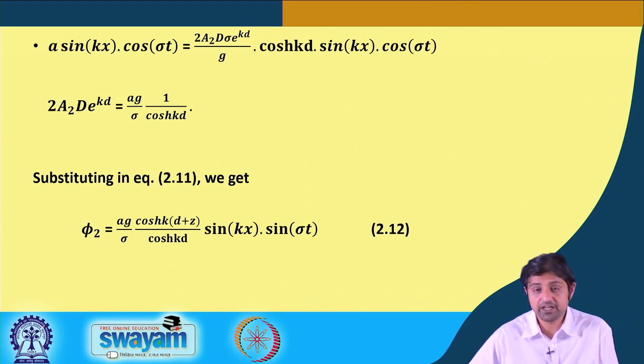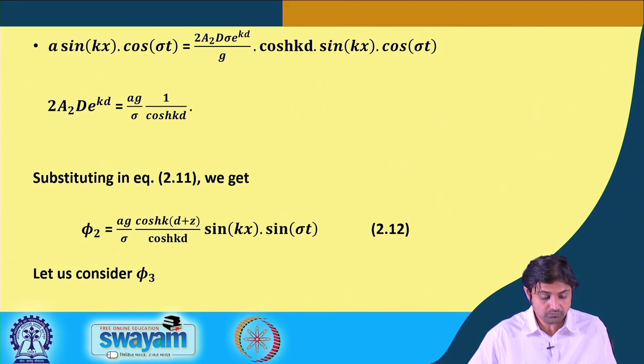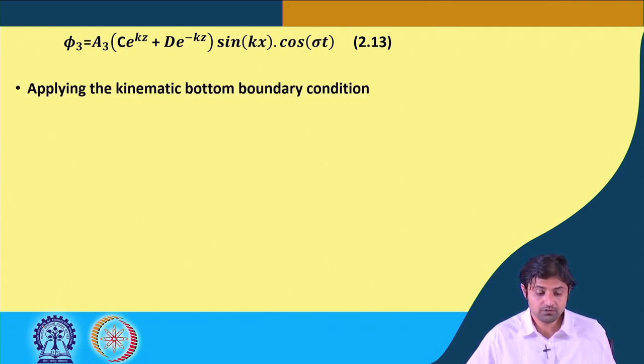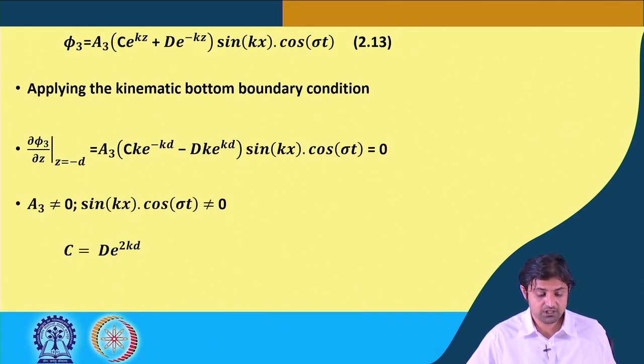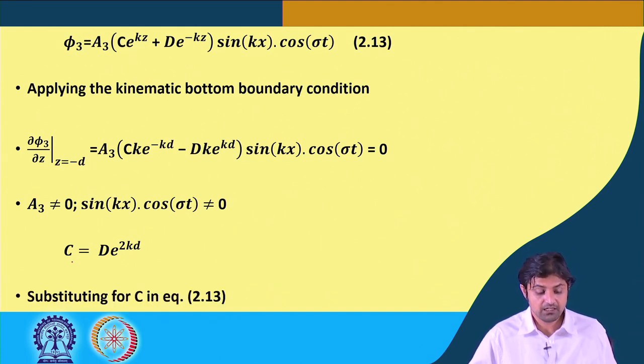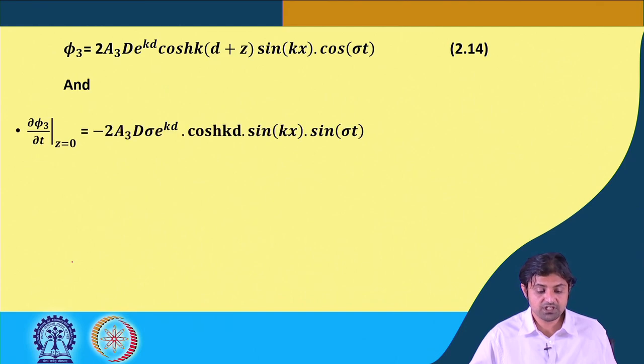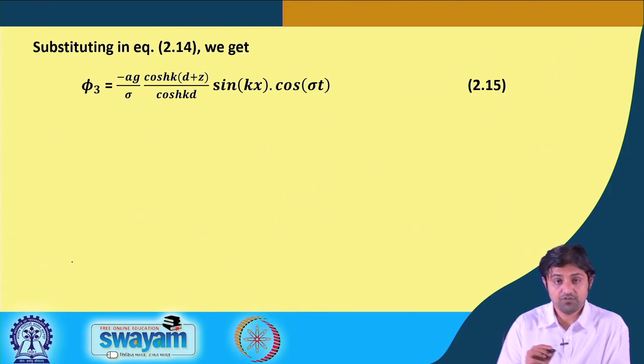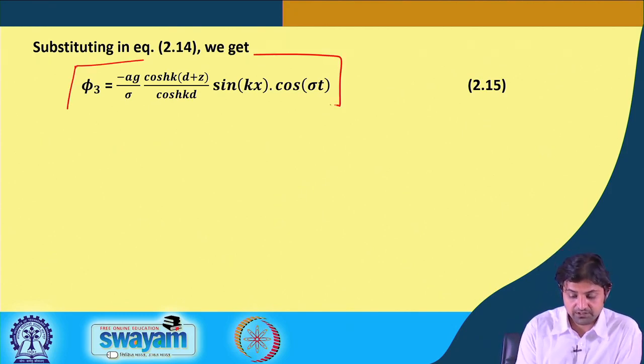So, we have obtained phi 2 here. All right. So, if we consider phi 3 and apply the same concepts, we apply the kinematic boundary condition, this will give C equal to d into e to the power k d. And the same procedure is repeated for the dynamic free surface boundary condition, and we get for phi 3 a term like this.